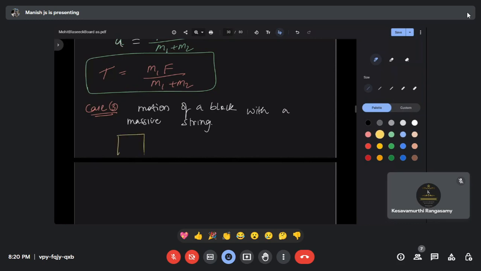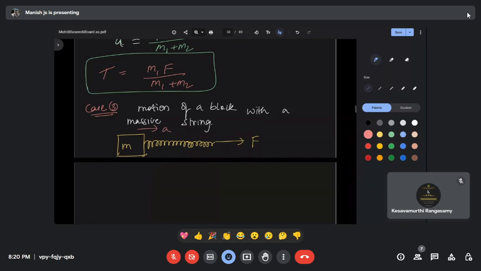So I'm taking a block, say block M. I'm connecting this to a spring, a big, huge spring. Okay, and then force has been applied on the spring. So obviously the block is going to move with some acceleration.